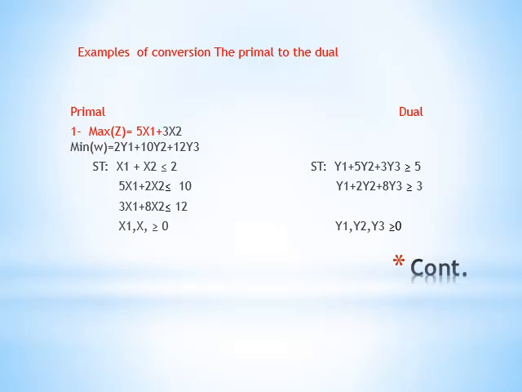Then the objective function of the dual will consist of 3 decision variables, and the coefficients of these variables will be the constants on the right side of the constraints. 2y1: 2, as you see, is the constant on the right side of constraint number 1. 10y2: 10 is the b2, or the constant or resources of the second constraint of the primal.